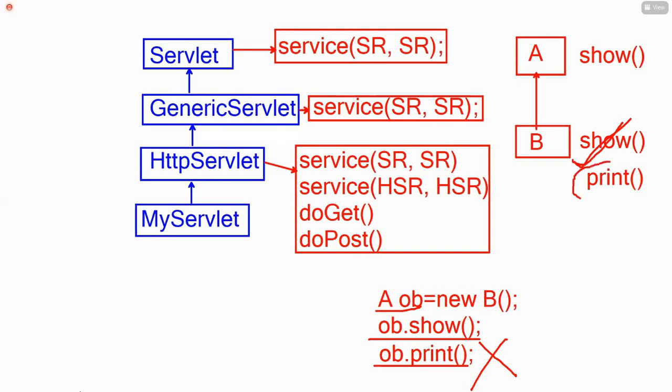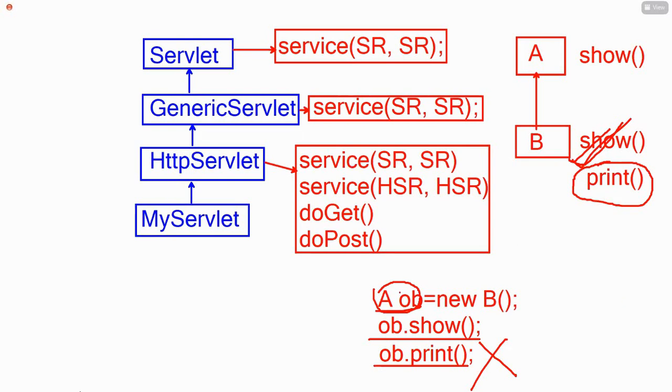Because this method belongs to B, with an A reference, can we access B methods? But then how is show valid? It is an overriding method that belongs to the A class. The definition is present in B, but it belongs to the A class. That's what is called.